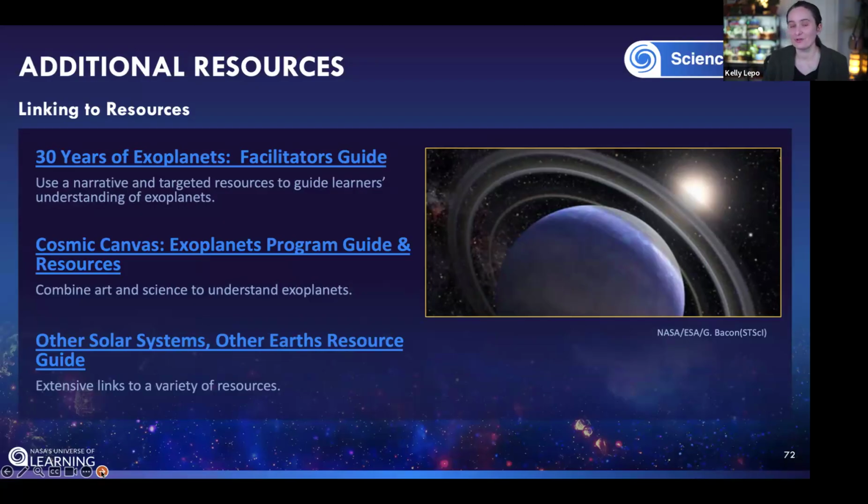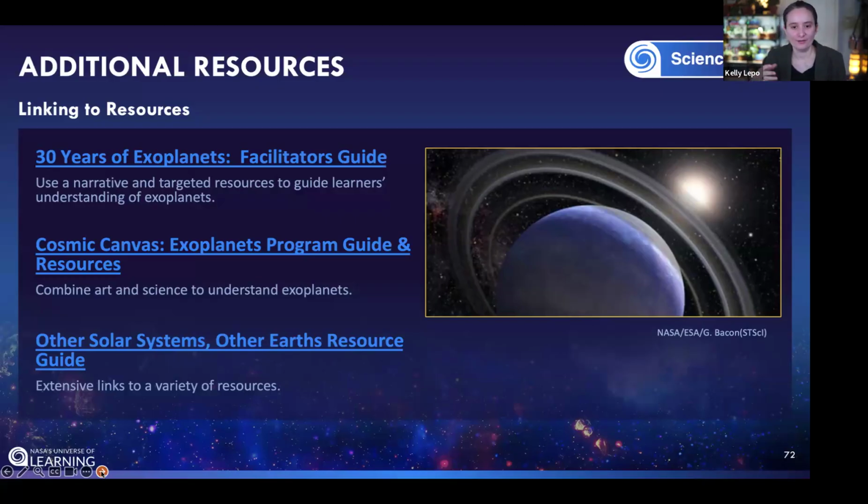There is an activity where you make a scale model of the TRAPPIST-1 system and compare that to our own solar system, and understand just what a weird system this is. It's so teeny tiny. And there's also an activity where you can play illustrator and draw your own exoplanet picture based on some prompts.